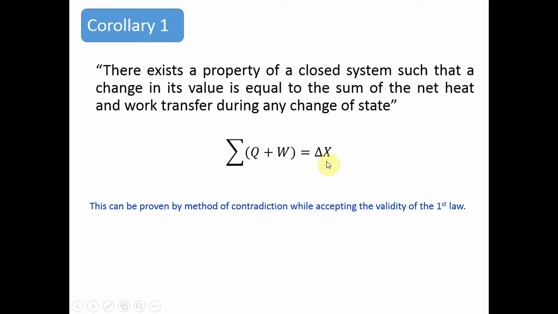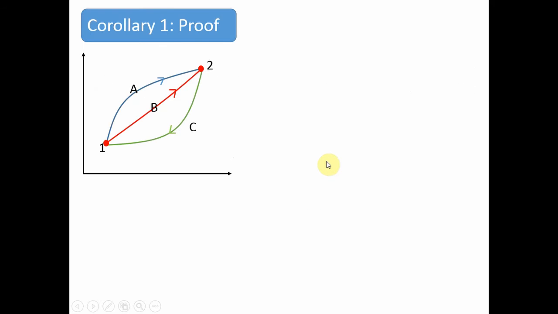This corollary can be mathematically proven using the method of contradiction, but in order to do that, you have to accept the validity of the first law of thermodynamics. Let's consider 2 independent thermodynamic processes. Process A and process B both bring state 1 to state 2.